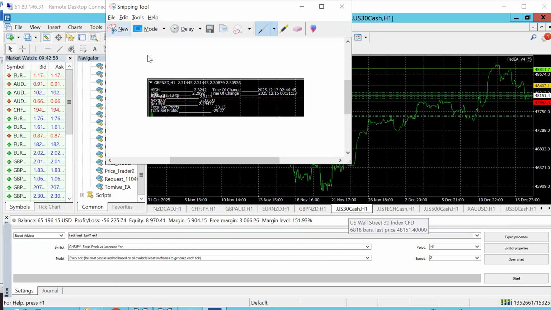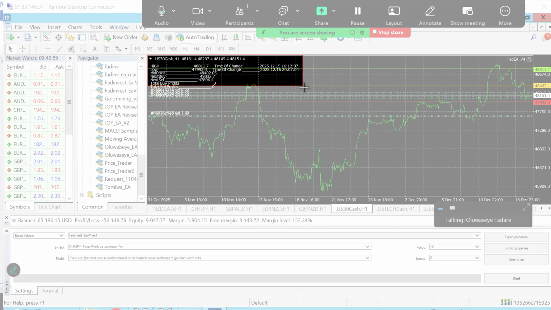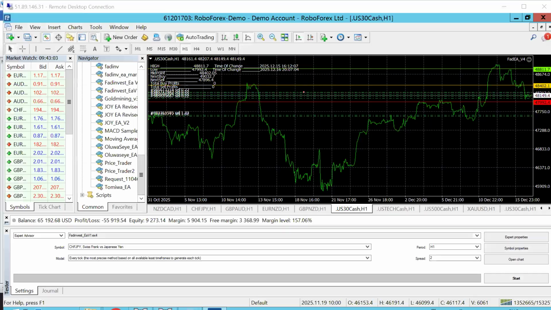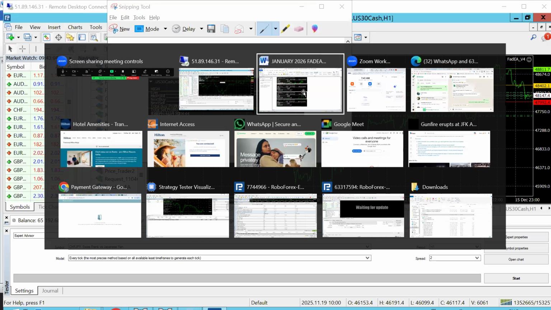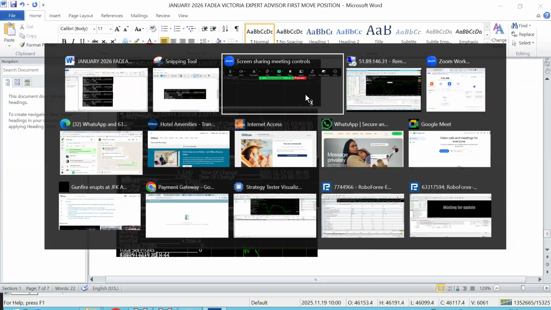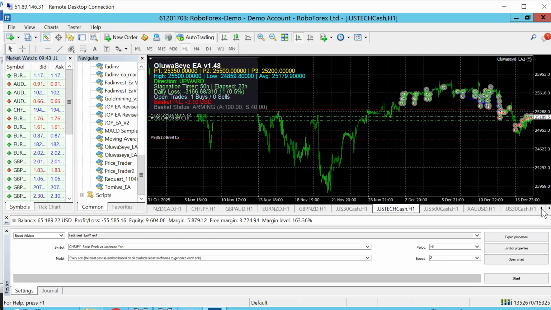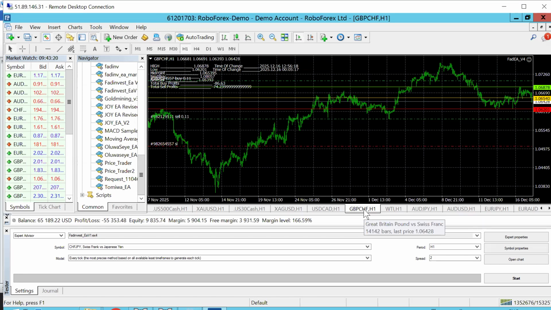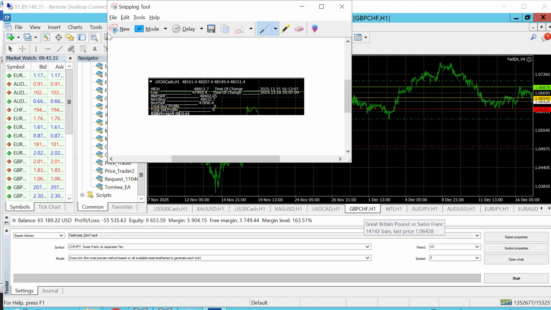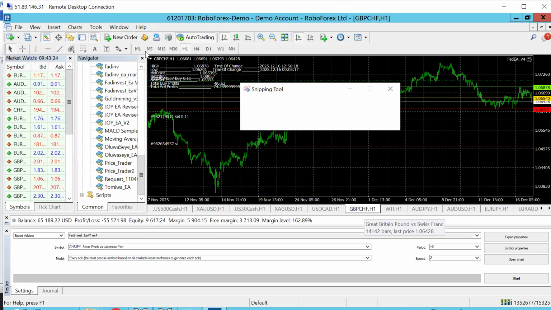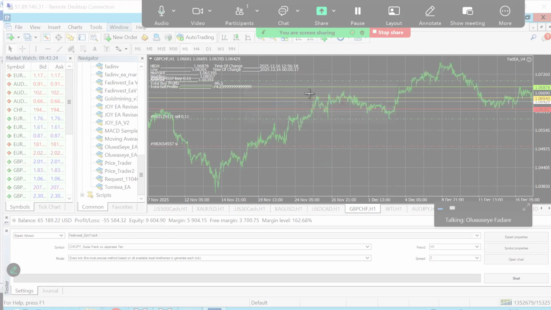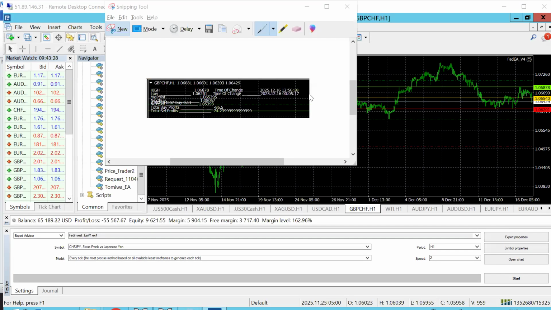And if the market goes against our direction, we'll be able to take a backup decision as quickly as possible. That's the purpose of all this.